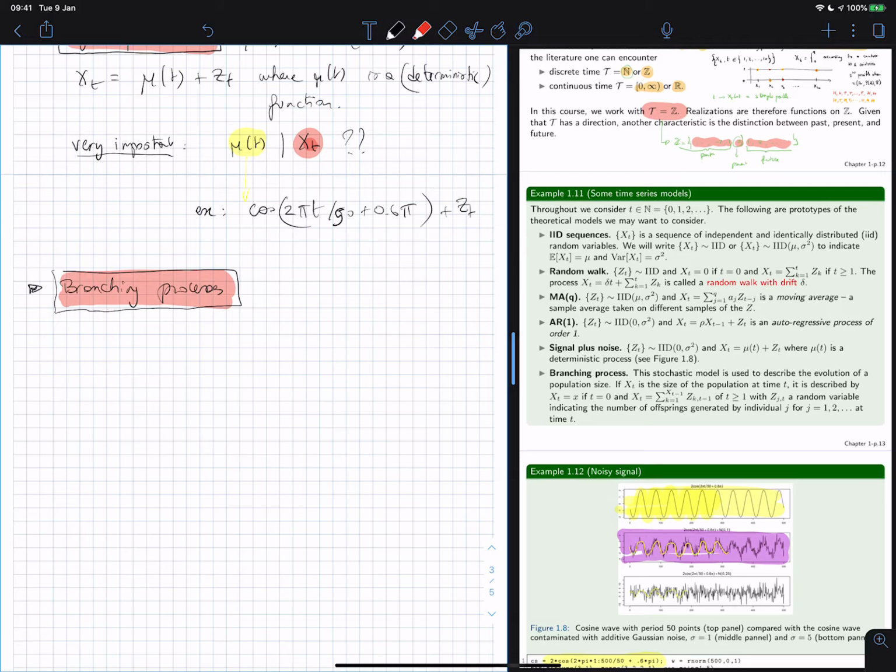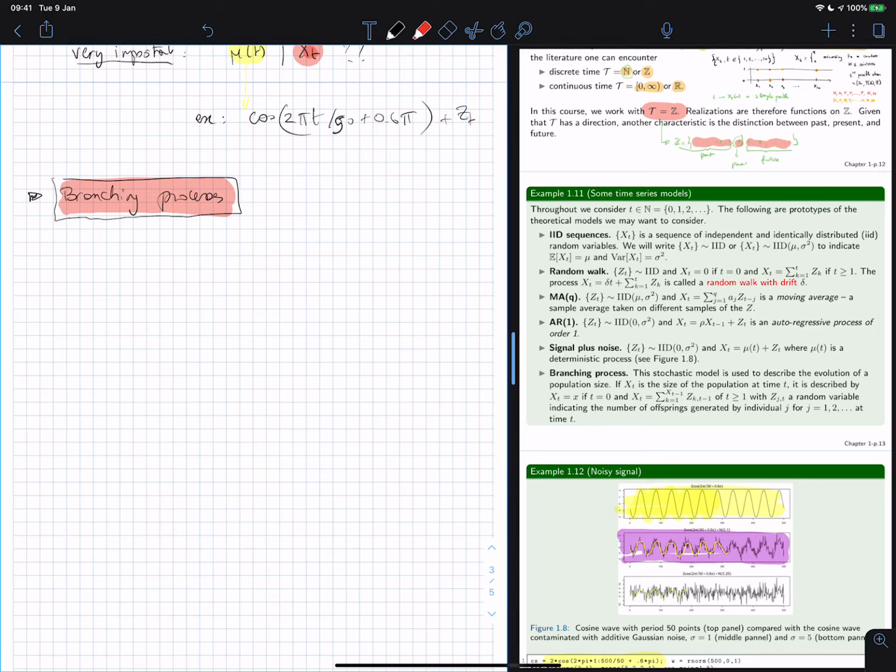So here we still have a much more complex process. So let's see, how do we do this? We imagine that we have certain original individuals, let's say Adam and Eve in the Christian tradition. And these guys will have a certain number of babies according to a certain distribution.